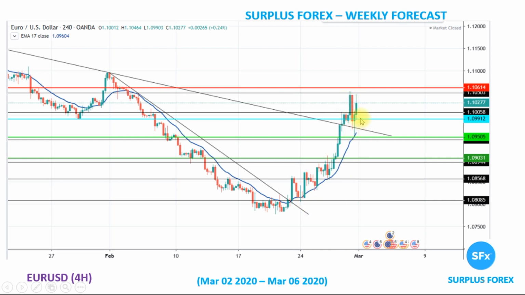It's trying to hover between 1.1060 and 1.1050 as of now. I'm taking my entry point at 1.091, coming to 1.0950 as my first target, and second target at 1.0931.